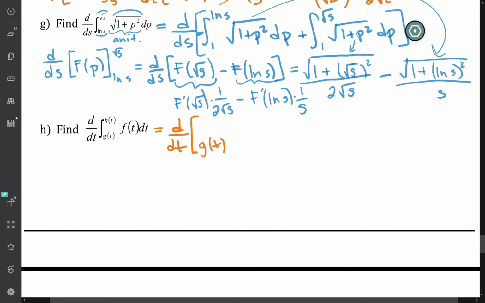Let's go from g, the integral symbol first helps. Integral from g of t to, we don't know anything about domain, so I'm just going to say 0 of whatever function we're starting with. And then we're going to go from 0 to h of t, whatever we're starting at.